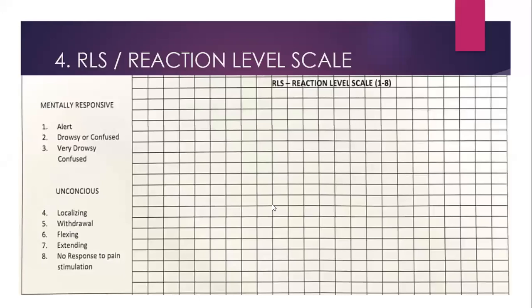All right, to continue, so for the RLS or the reaction level scale, it's basically like the Glasgow Coma Scale, no, but it just focuses on the consciousness of the patient. So ganun pa rin, no, depending on the institution kung ano yung susundin ninyo. So if alert yung patient, you just check this box right here. So for example, this is part of the 11 a.m., 12 p.m., 1 p.m., 2 p.m., no? So just check it.